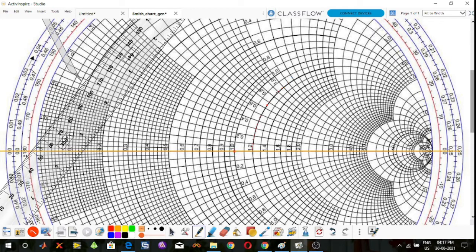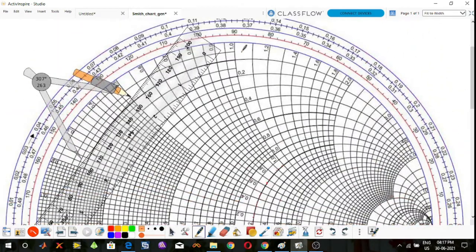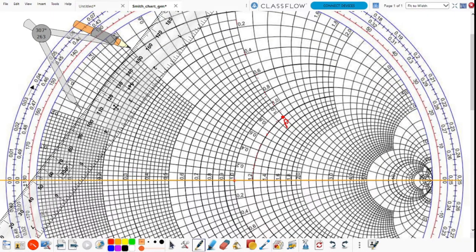And X is equal to 1 reactance circle, and this is the X is equal to 1 reactance circle. Here, this is the center point, the 1 comma 0 point, and this is the origin.